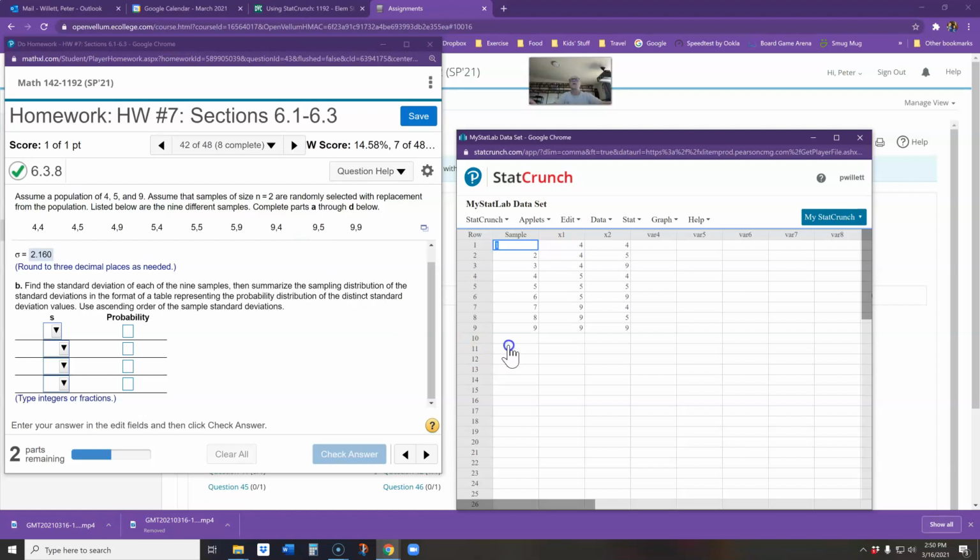So what they do is they list which sample you're talking about, sample 1 through 9. There were 9 samples here. And then x sub 1 means the first value of the sample, and x sub 2 or x2 is the second value of the sample. So the first sample is a 4 and then a 4. So sample 1 is 4, 4. Sample 2 is 4, 5, etc.